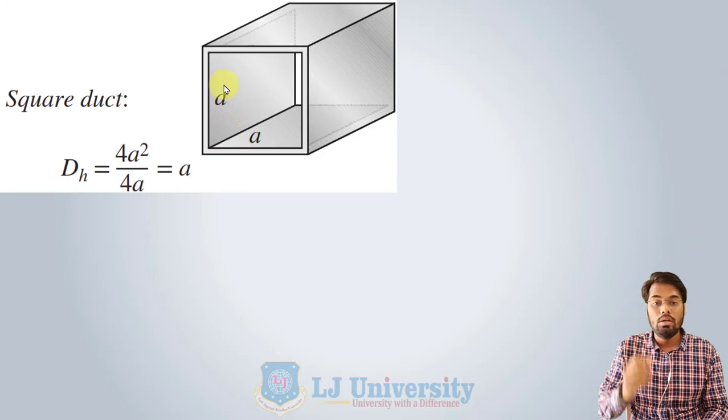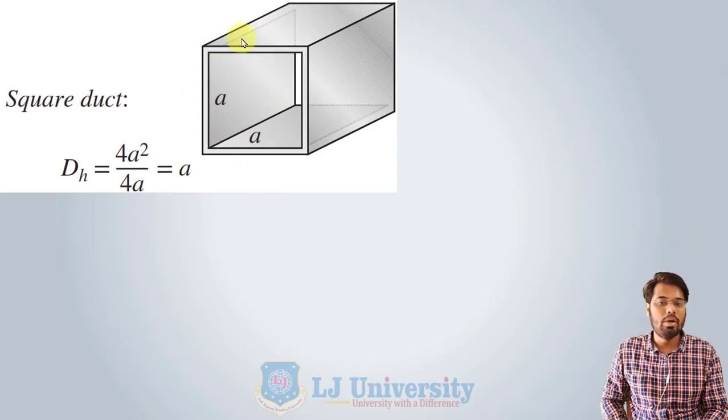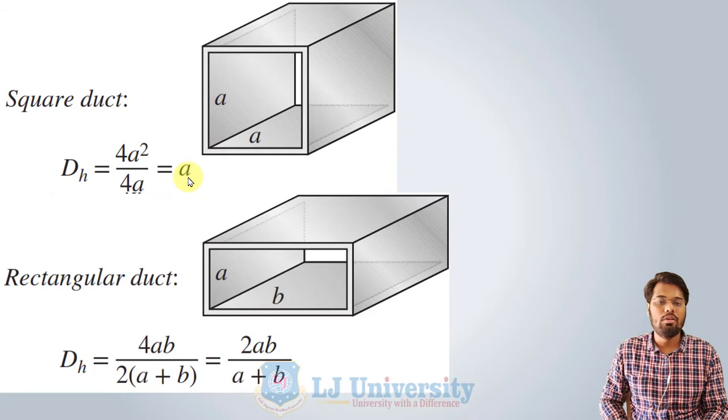Suppose we have this kind of configuration for a square duct, whose side is a cross a. So 4 into the cross-sectional area would be a square divided by the perimeter, which becomes 4a. So the hydraulic diameter for a square duct becomes small a, the dimension of the side.